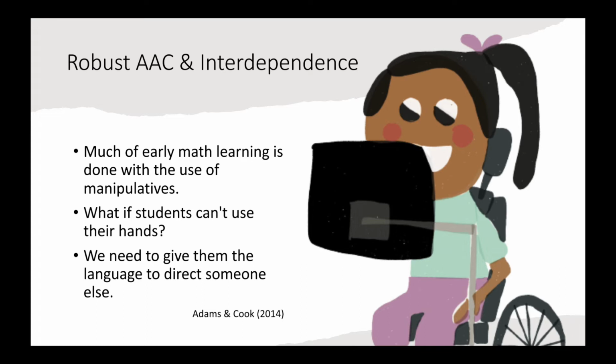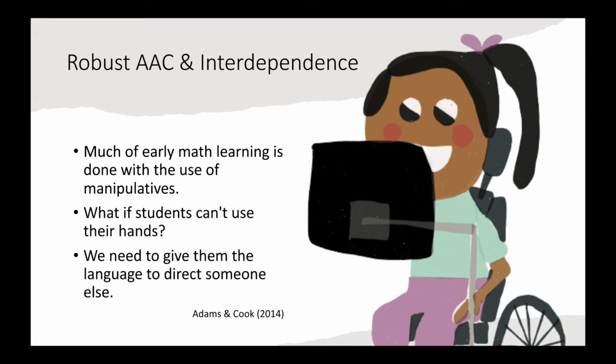Much of early math learning happens with manipulatives, and manipulatives are really a way for learners to use something concrete to think with. But for our students with disabilities, if they don't have use of their upper extremities, they aren't able to manipulate concrete things in the same way as you or I might.